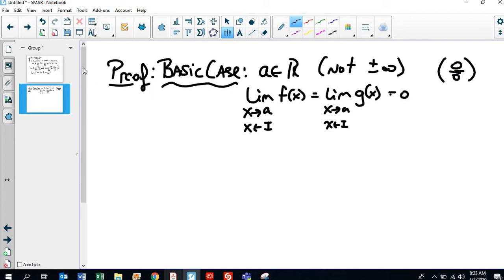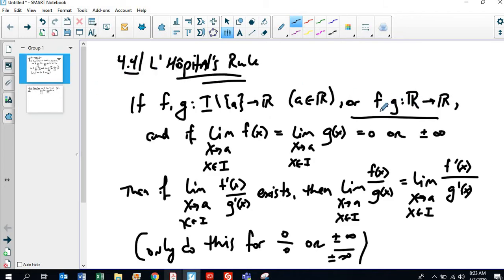So again, if you come back to this definition, for this guy we could have had this a actually be infinity. You could take the limit as x goes to infinity also. That's why I rewrote this over here. So technically, I guess I should say that a is an extended real number.